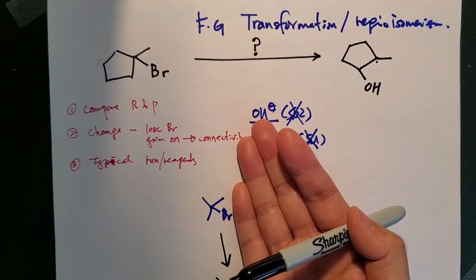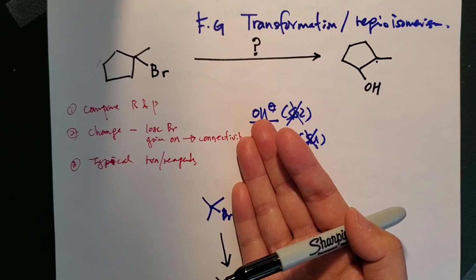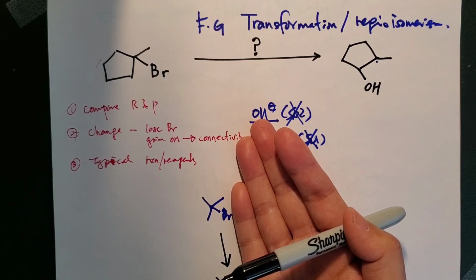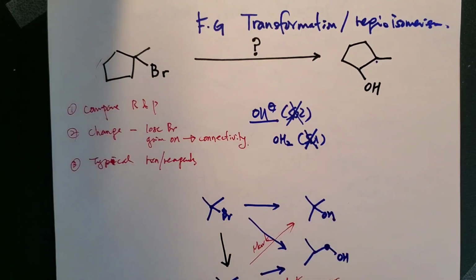So this is losing atoms but not gaining anything instead. So it's just elimination. You can do E2, you can do E1, doesn't matter. So you can form this through elimination, then anti-Markovnikov addition of OH in 2 steps. So that's how you figure out, remembering some typical things.